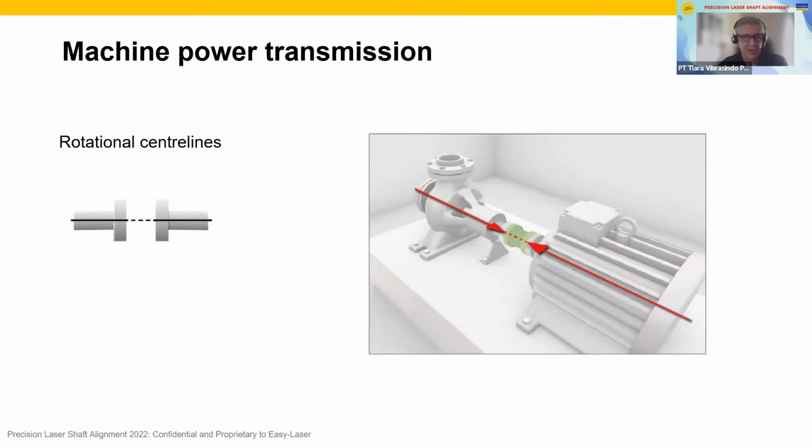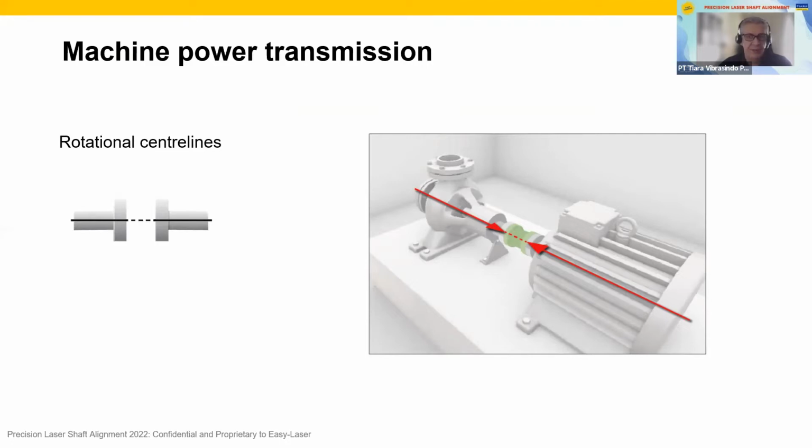Precision alignment of machine shafts has proven to cut energy costs by as much as 10%. Moreover, correctable misalignment conditions also shorten the service life of the machine, increasing machine failure. It causes work stoppages and plant shutdowns, and therefore it also reduces product quality. The bottom line is misalignment is expensive and it is unnecessary.